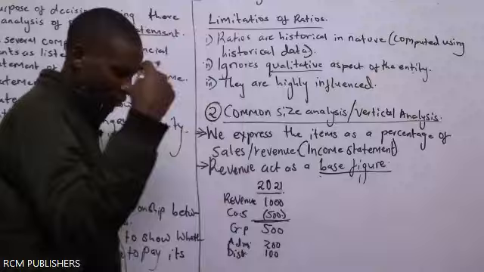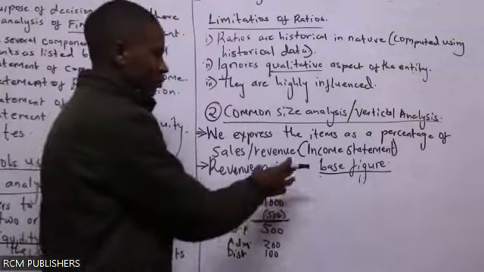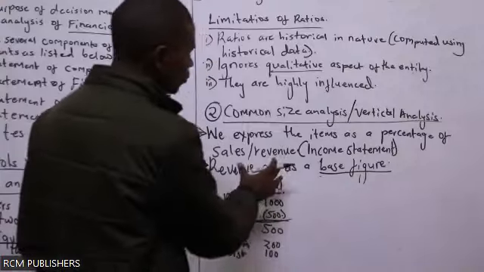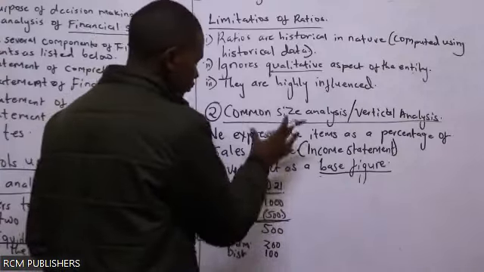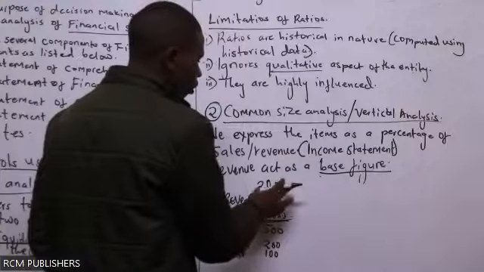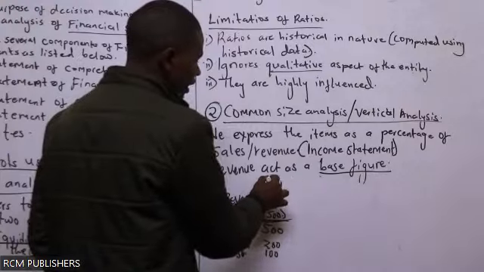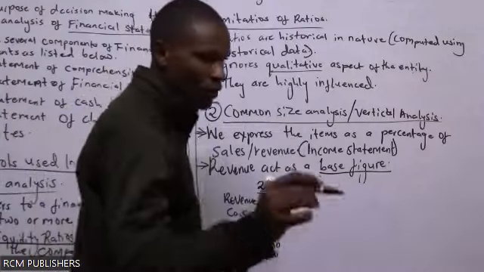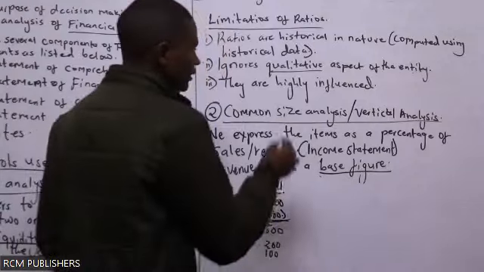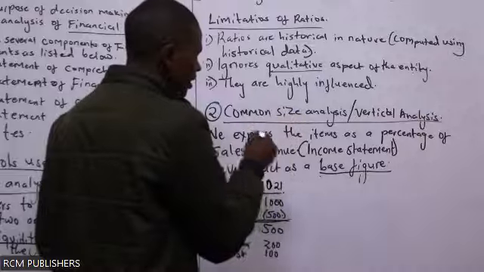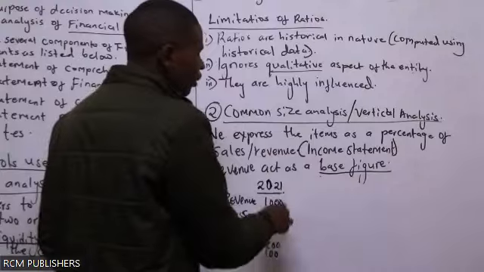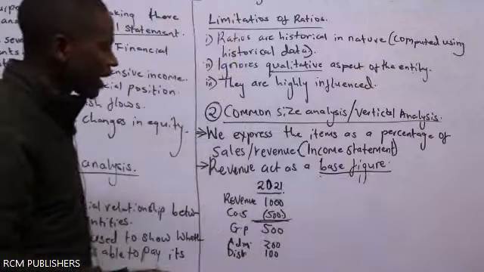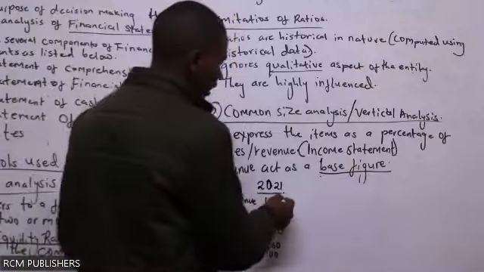Now when you are to analyze these financial statements, this is just a sample I'm giving you. If you are told to analyze the financial statement of Morris Limited in the year 2021, this is how you do it. As a percentage of sale. Therefore, for any other item, we are going to use the base figure as that of sales.